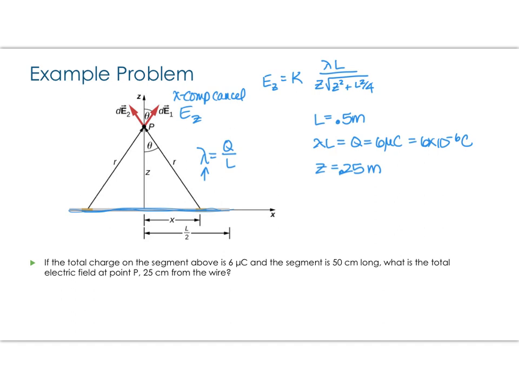So we would plug into that equation 9 times 10 to the 9th, 6 microcoulombs, over 0.25 times the square root of 0.25 squared plus 0.5 squared over 4. All that was under the square root. I did the calculation, and if I did it right, it was 6.11 times 10 to the 5th newtons per coulomb. I'm not going to swear that I didn't make a little math mistake there, but hopefully not.